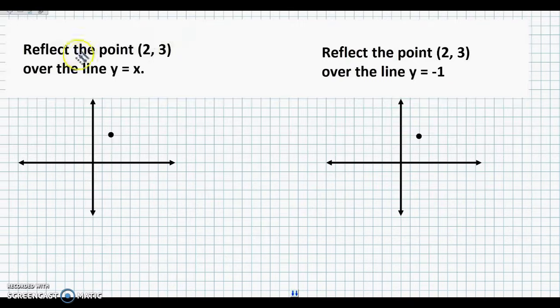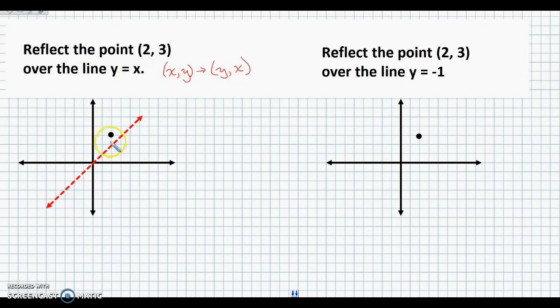Let's take a look here. We want to reflect the point (2, 3) over the line y equals x. The line y equals x goes through the origin and has a slope of 1, so that's going to be this line right here. Remember that we have a rule for reflecting over this: our point (x, y) just switches to become (y, x).